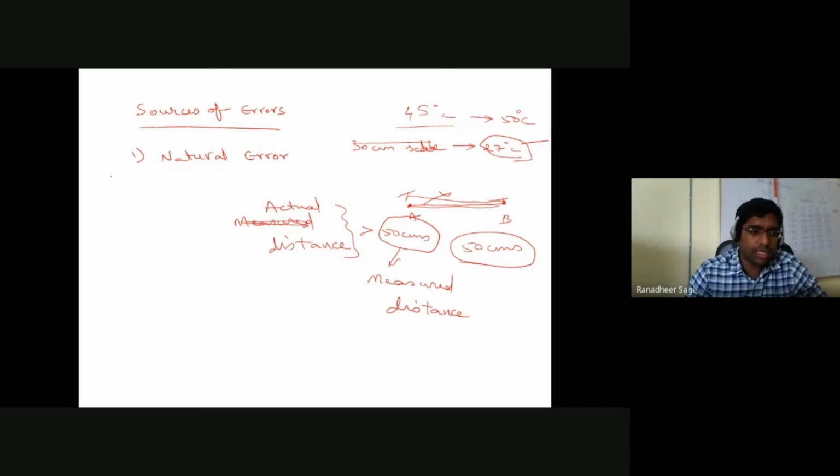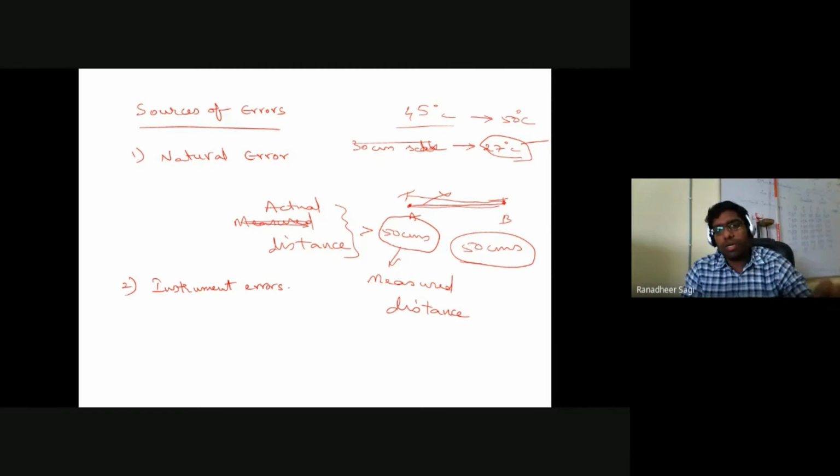And next is instrument errors. So what does this instrument error mean? Here, for example, if I go back to this scale, on my scale I have got some divisions, let's say 0 to 1 centimeter, 1 centimeter to 2 centimeter, 2 centimeter to 3 centimeter.